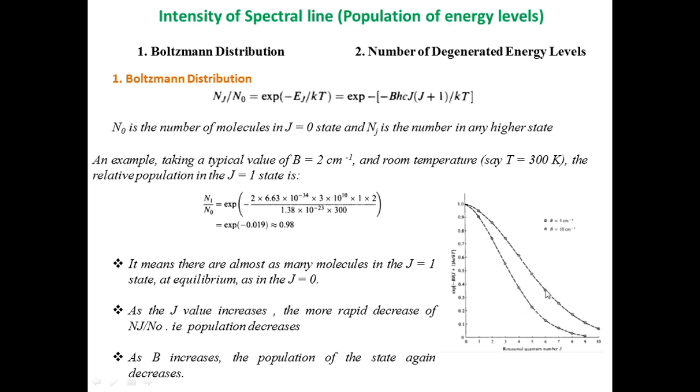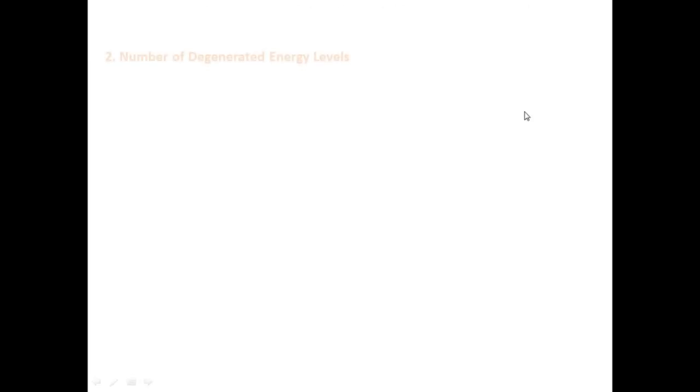Here we are comparing two B values: one is shown by square, having B 5 cm inverse, and another is circle, having B 10 cm inverse. When the value of B increases, the population decreases gradually. So as B increases, the population of the state again decreases. So the next factor is the number of degenerate energy levels.